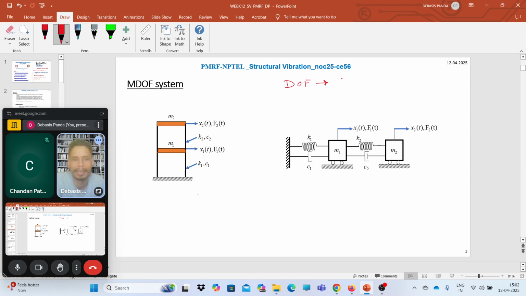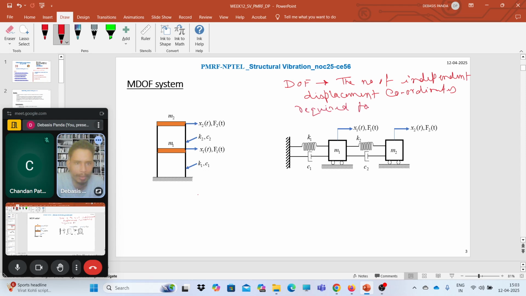It says the number of independent displacement coordinates required to identify the position of the displaced mass, or the position of the mass with respect to its original position, right?